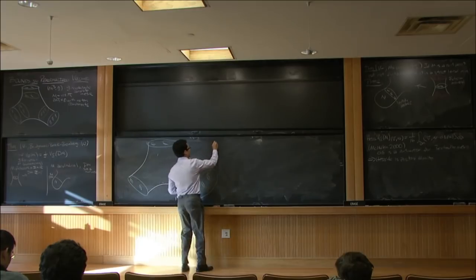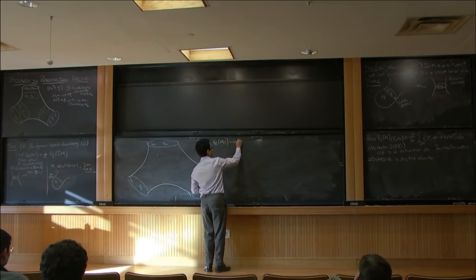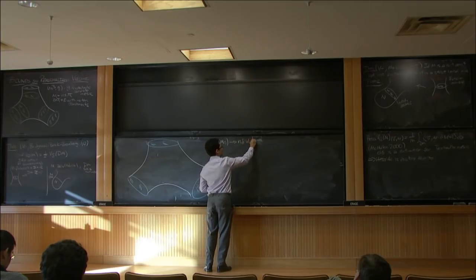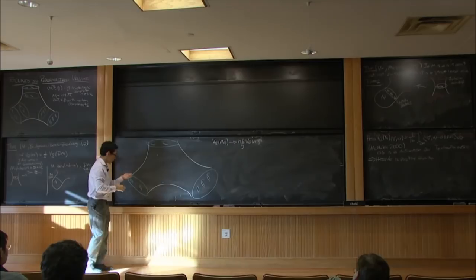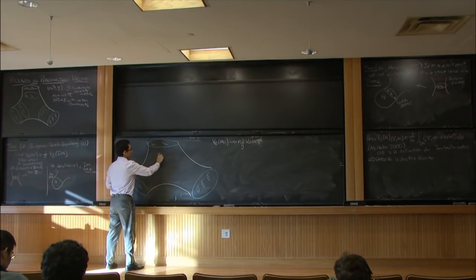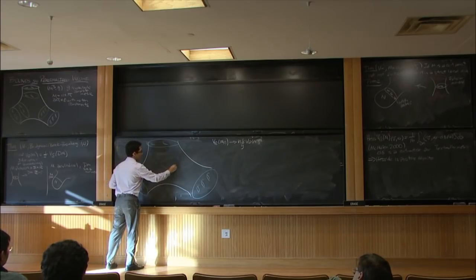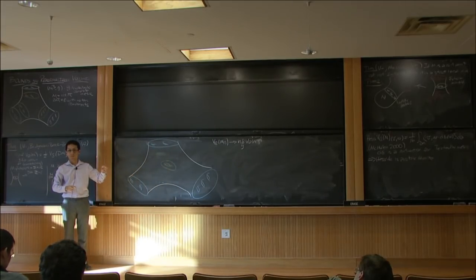So let's just take Mn such that the renormalized volumes of these go to the infimum of renormalized volume. So basically three things could happen. We could have an interior geodesic whose length is getting smaller and smaller and smaller.